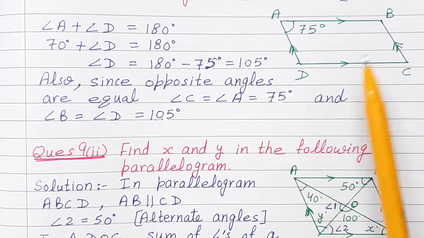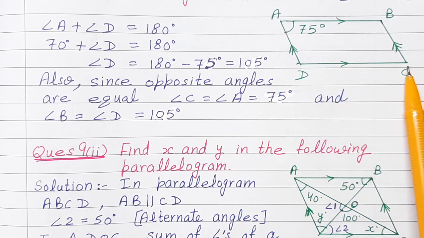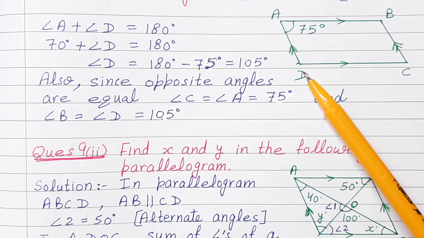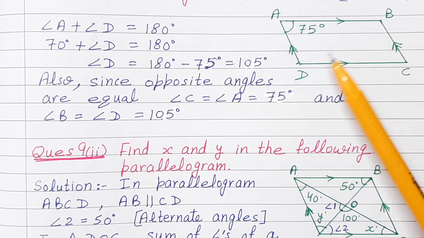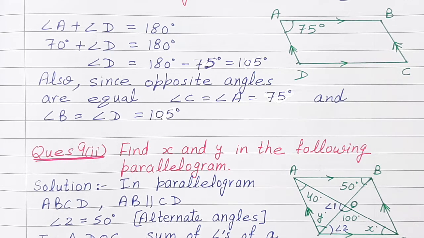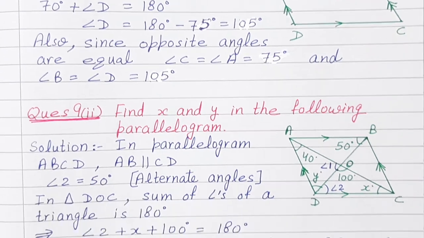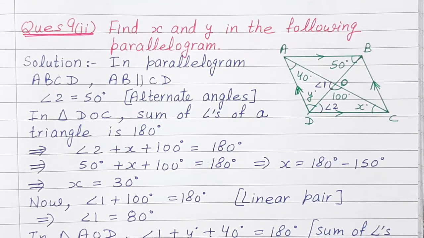So therefore, angle A is equal to angle C, 75 degrees, and angle D is equal to angle B, 105 degrees. I hope you have understood. Very good. Now let us discuss question number 9 of the same exercise.